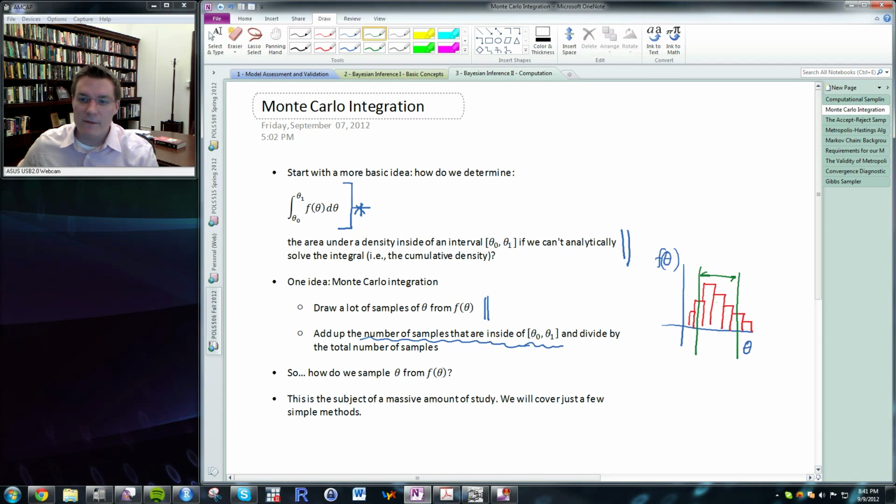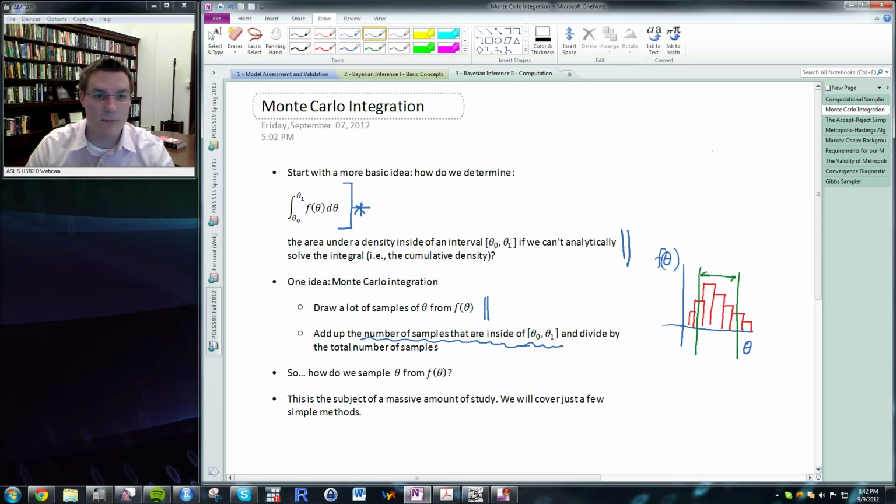Now, I've depicted this with a histogram here. Obviously, that's not exactly how it works. We would not bin them if we were doing this. We would just count the number of observations in between these 2 lines. So you could really think of there being a bunch of points all drawn in here, stacked up. We would just count the number of points in between those 2 lines. That's all there is to it.